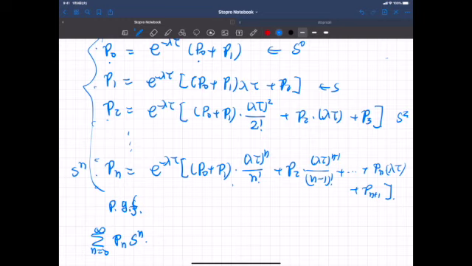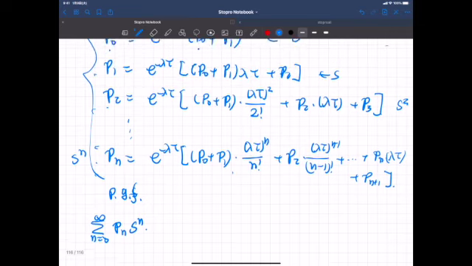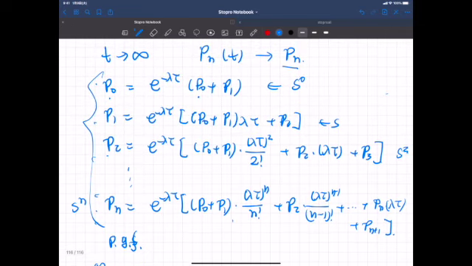And the right hand side, let's see. These things are all the same. First consider those terms that contain P0.